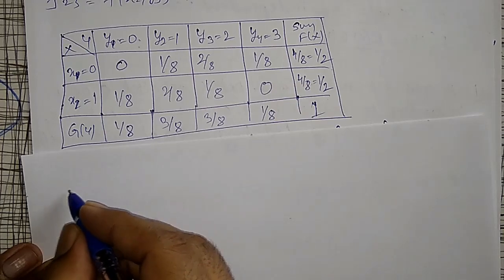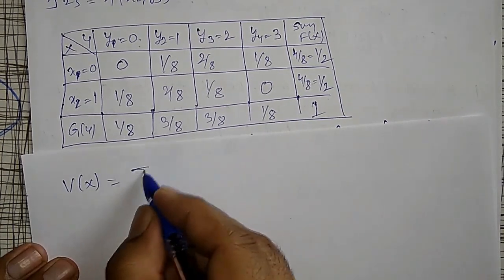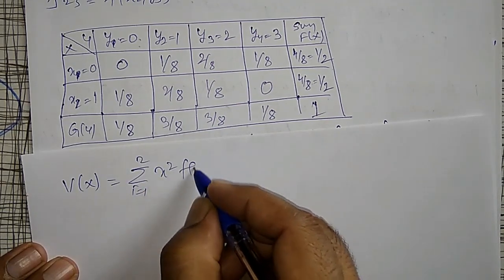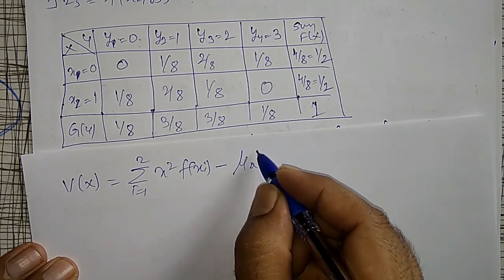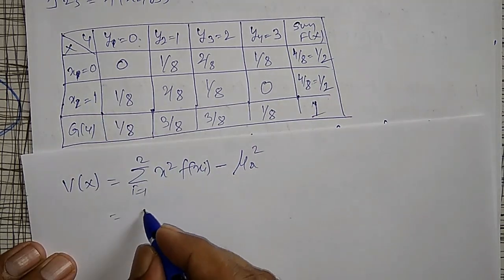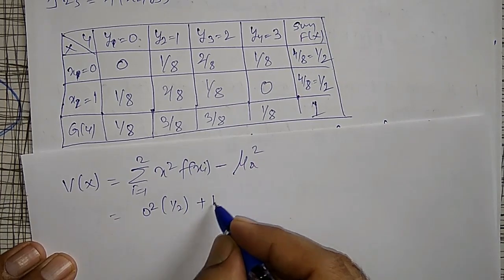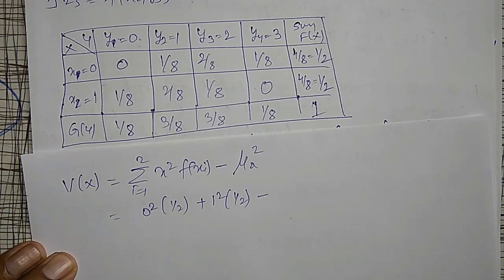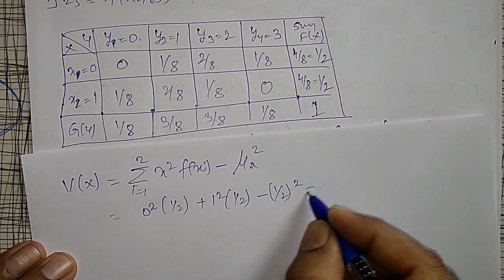Next, variance of x is equal to summation i equal to 1 to 2 of x square into f of xi minus mu of x, the whole square. X square into f of xi: 0 square into 1 by 2 plus 1 square into 1 by 2 minus expectation of x, already you got it as 1 by 2, the whole square.